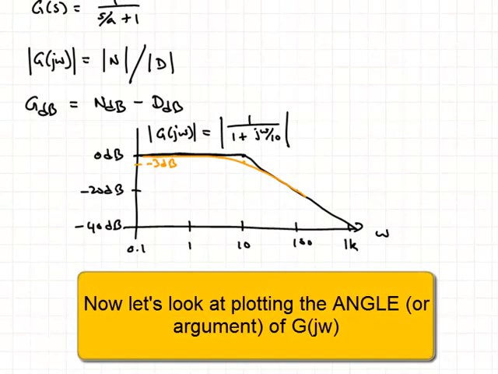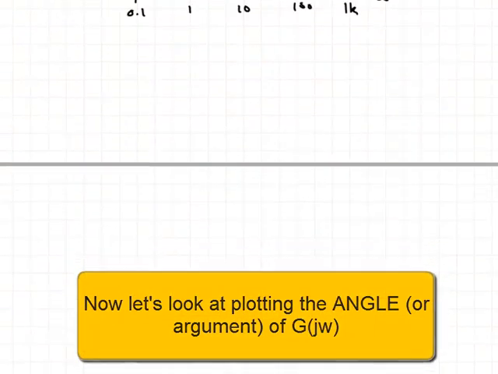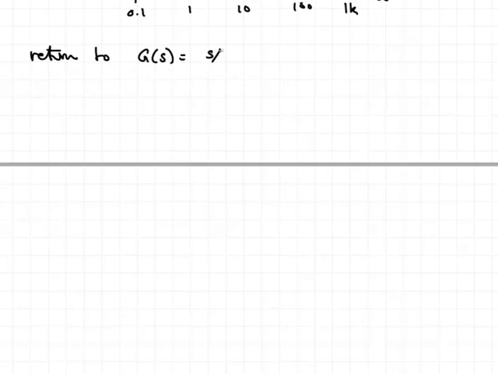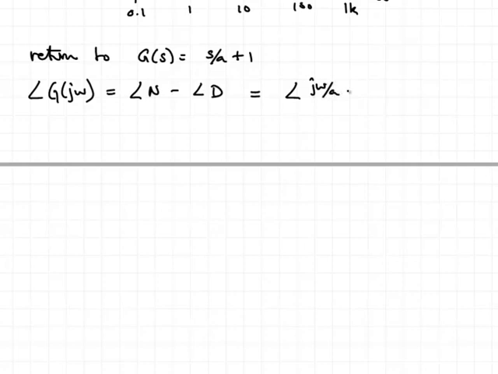Now let's look at the angle. So if we go back, return to G of s equal to s over a plus 1. Right. The angle of G of j omega is going to be equal to, remember, the angle of the numerator minus the angle of the denominator. I have no denominator here. The denominator is 1, right? So it's simply the angle of j omega over a plus 1.